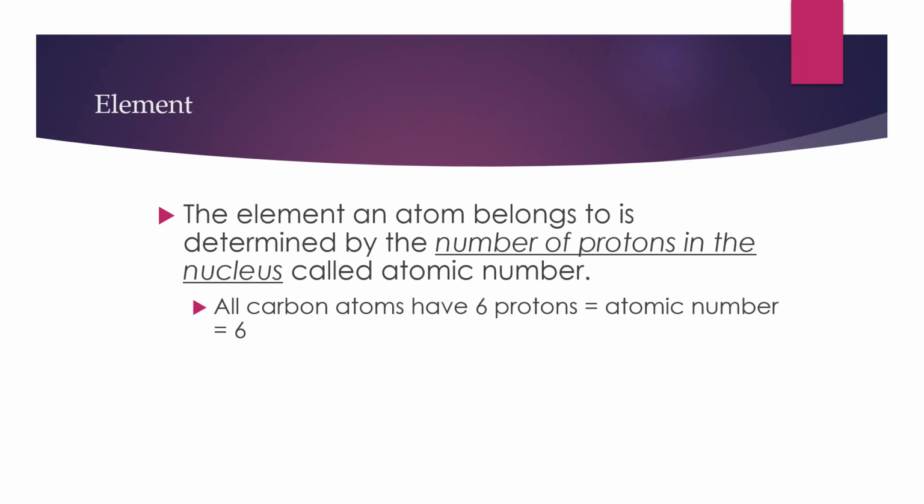So again, it's the number of protons that determines what element an atom is. So all carbon atoms have 6 protons. That's its atomic number. If you were to change that, it would no longer be carbon. If you took away a proton and it had just 5, it would not be carbon. If you added 1, it would not be carbon.